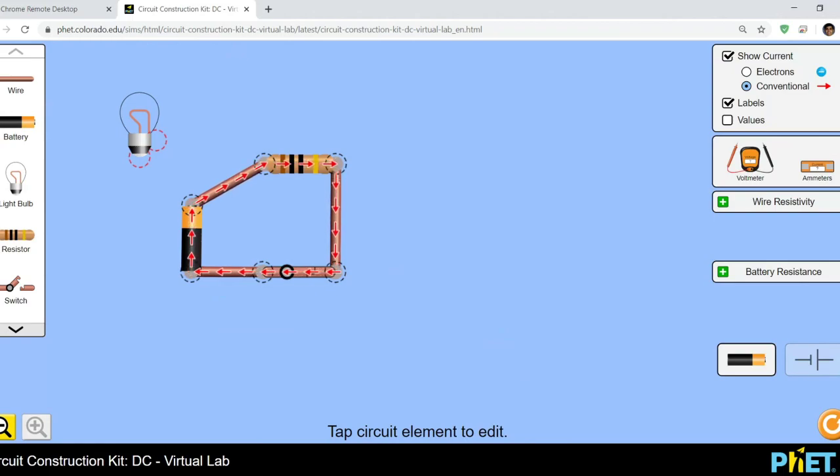Now, what does the resistor do? Well, the resistor uses your electrical potential energy. Remember, your charges have potential energy, and it uses up that potential energy and converts it into heat. Resistors get hot when they convert the electrical potential energy into thermal energy. So if you have an electrical heater, you'll see that when you connect it, the resistor, which is the metal thing that's inside, gets hot.